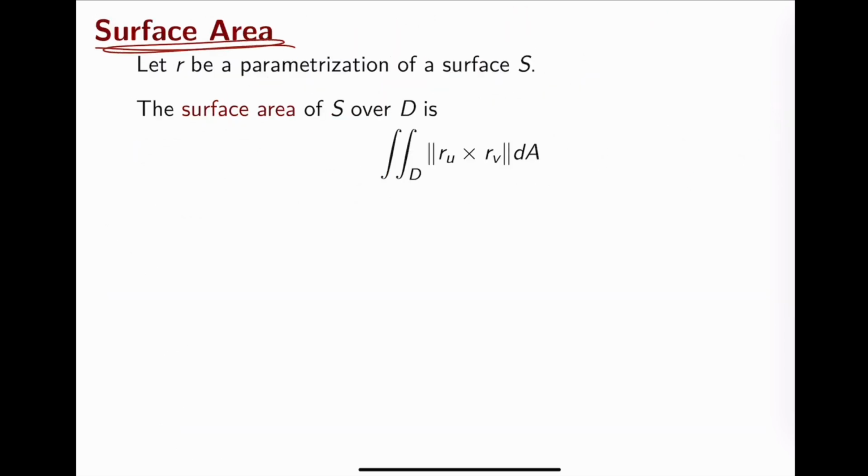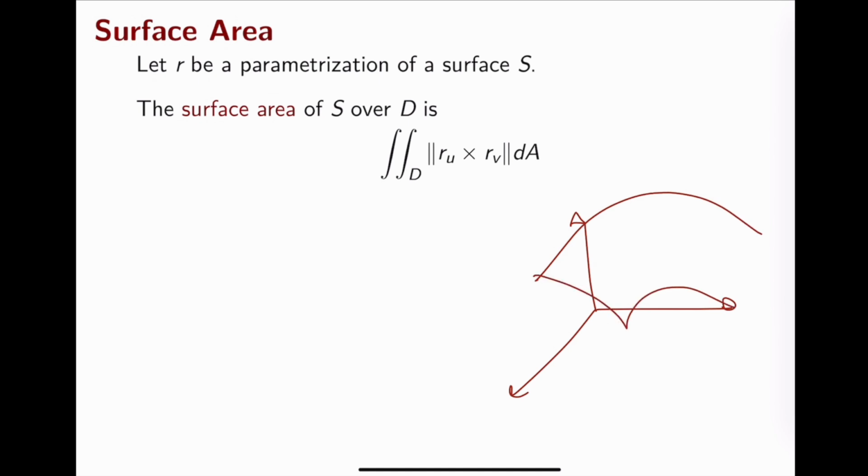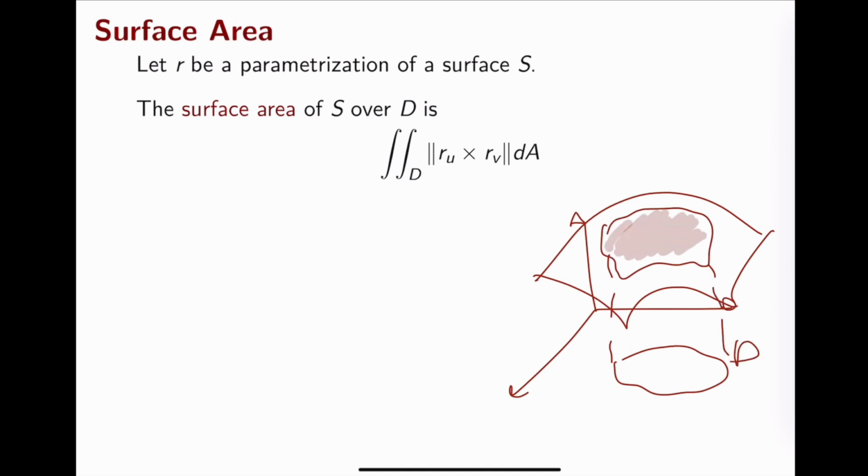Now the surface area. If we have given a surface like before over certain part here, certain domain, the value of the surface area is going to be given by the double integral over the domain that we want to calculate the surface area on, of the norm of the normal vector.